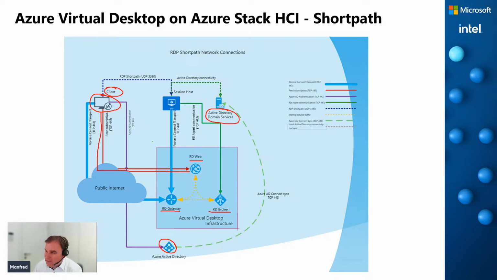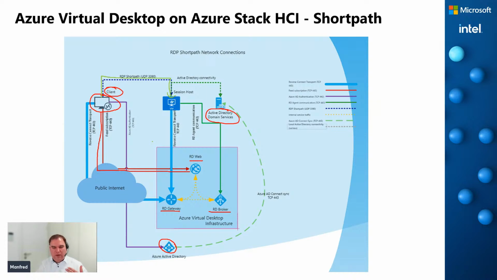But now in a ShortPath configuration, this ShortPath configuration for Azure Virtual Desktop realizes, oh, there's a better way to access the virtual desktop that's provided by Azure Stack HCI. And this short path, this direct connection, is handled via the local network.